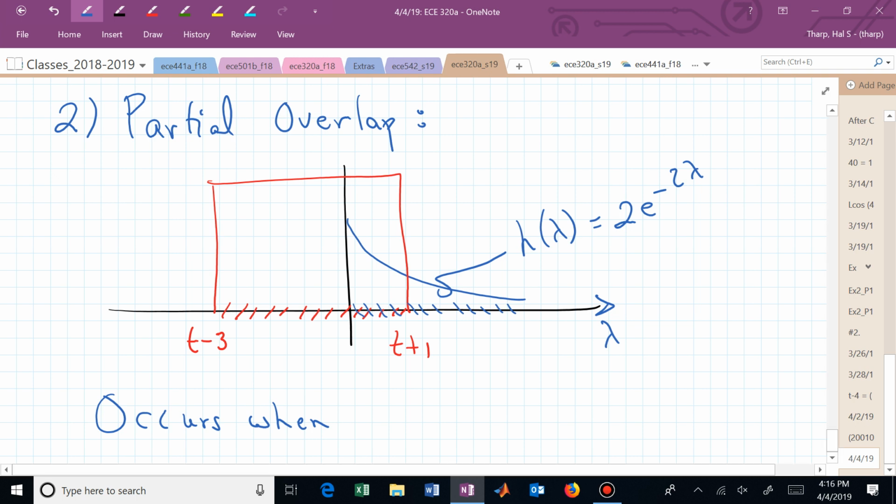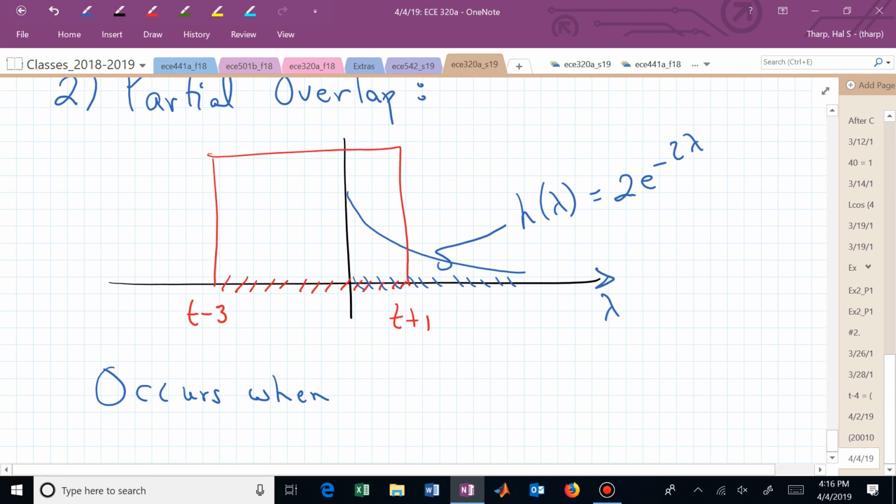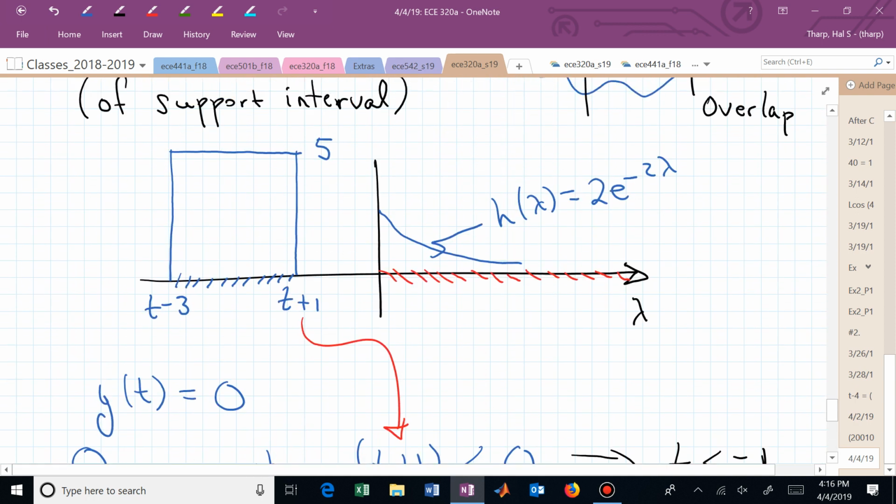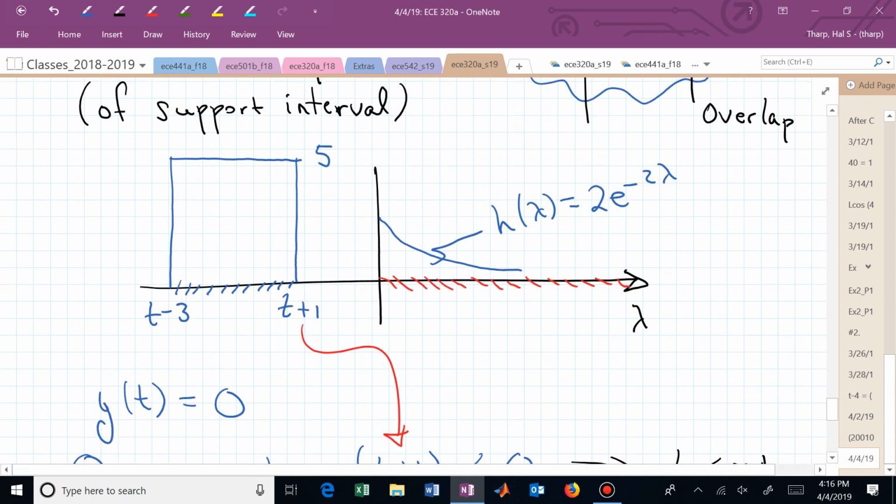That's the unique part of this. What do we need to have happen for this overlap pattern to exist? What's the first thing that you'll say relative to this pattern? This was as long as t plus 1 stayed to the left of 0. Now what are you saying? As long as t plus 1 slides through 0, we're going to start to see that partial overlap.